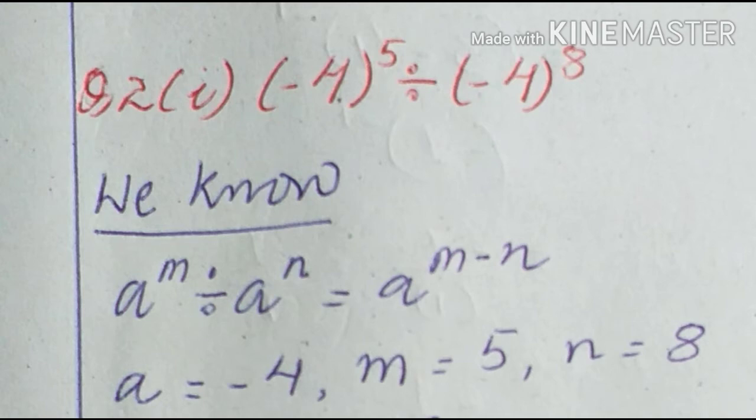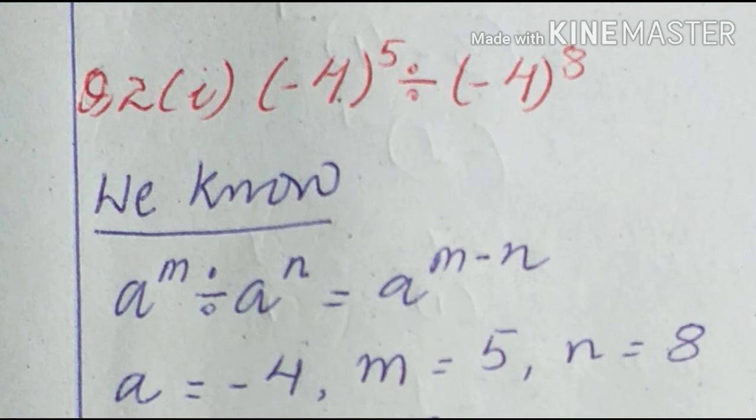Now here we know the law of exponent. Here we have to use the second one, B, the law of exponent a to the power m divided by a to the power n. It is in this form. The base of both is the same, the power is different. If you have this type of question, we have to use division by looking at the law of exponent.